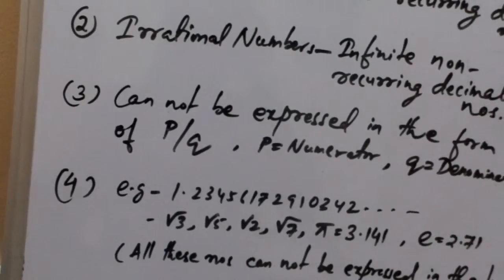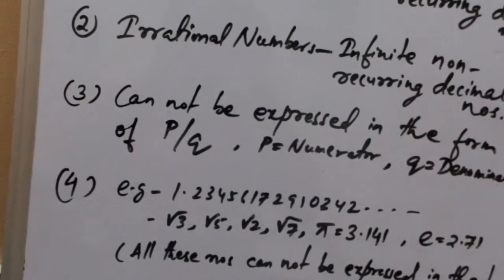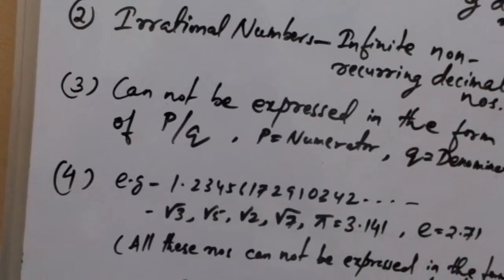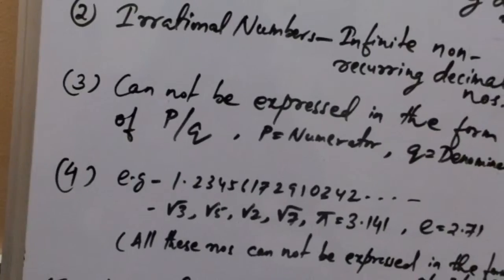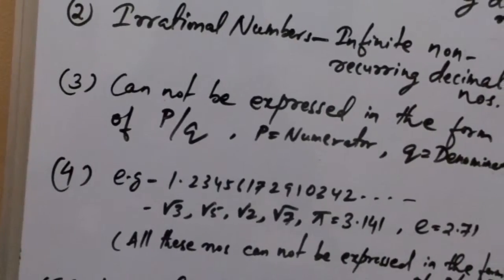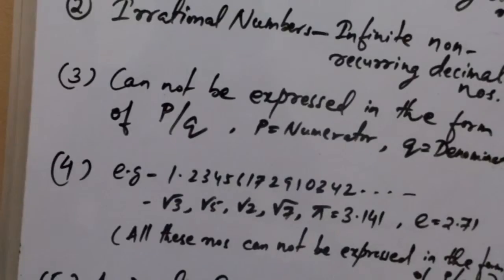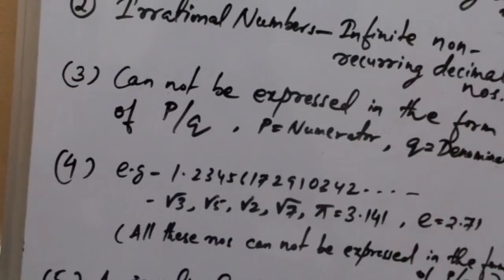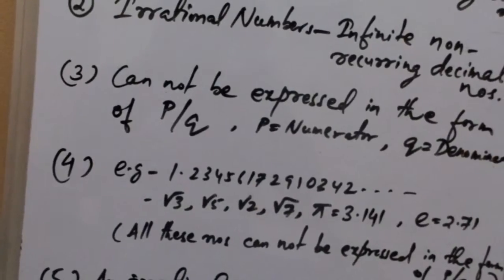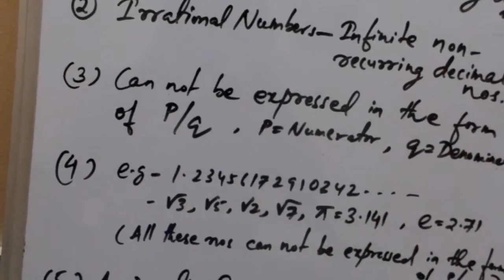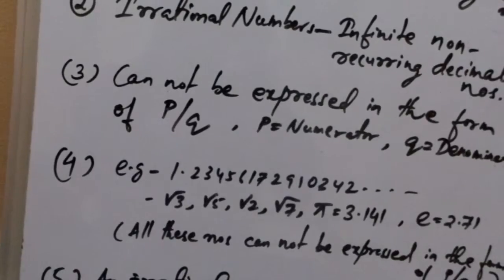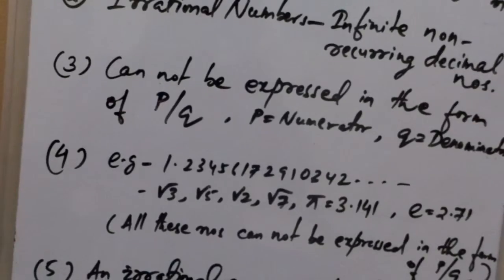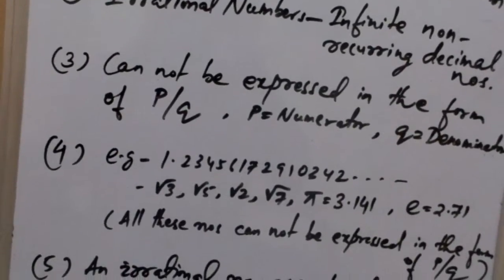Pi is often approximated as 22 divided by 7, and here after the decimal there is no pattern and it is an infinite value. So we are just rounding off to 3.141. You can try to calculate it, then you will get the value. Similarly, e also has an infinite value after the decimal, but we are rounding it off to 0.7. So all these numbers described above cannot be expressed in the form of p by q.